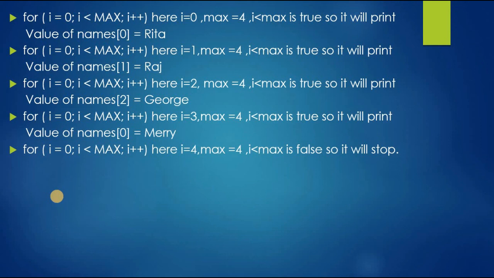Again i is incremented and i is 4 now, and i is less than max is false here, so it will stop the execution. And this is how we use an array with pointers for a character type array.